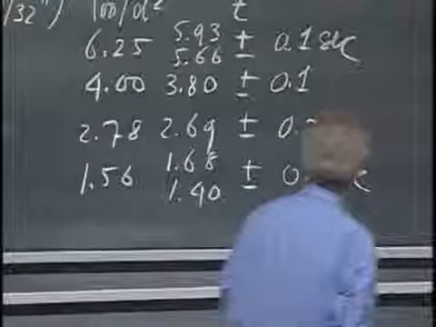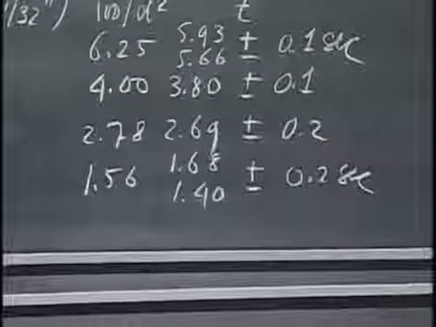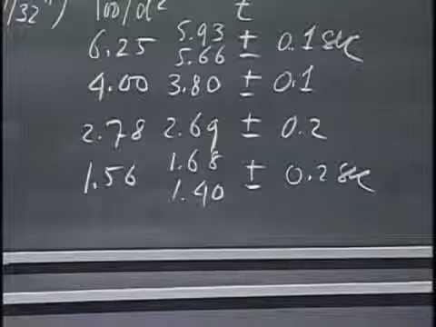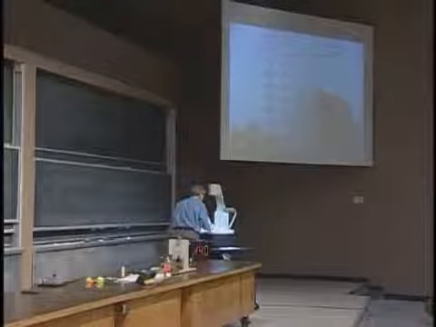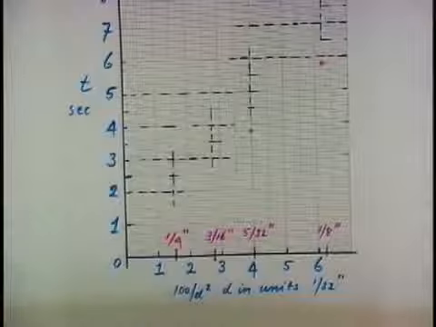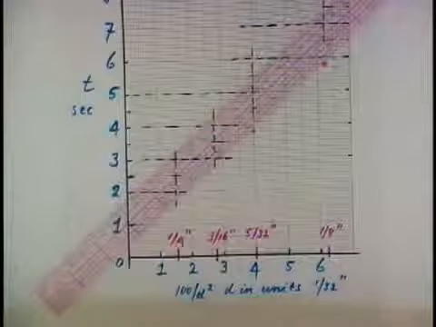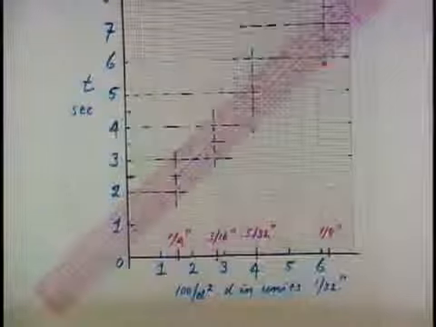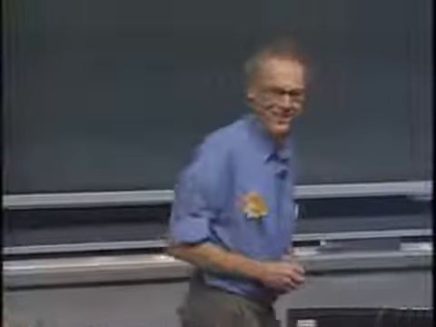The next one, 3.80. Ah! You see that? I predicted that. Straight line. Isn't that a straight line? It's not a straight line? What's wrong?